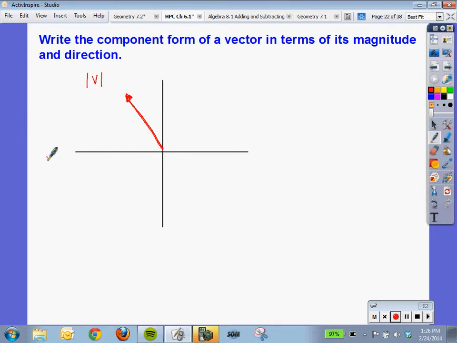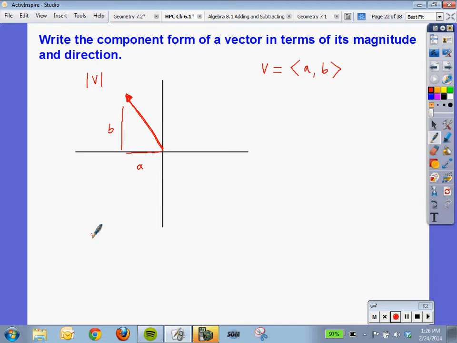What we've done so far is we've identified vector V in terms of its horizontal and vertical component. And the horizontal is how far we've gone out with the A value, and the vertical is how far we've gone up with the B value, right?